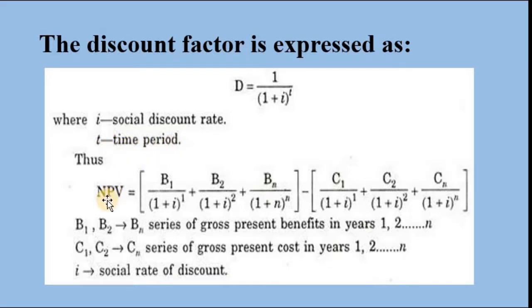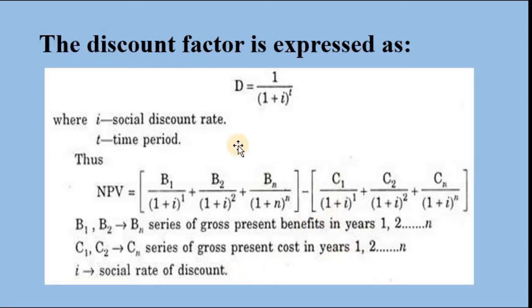Now NPV, net present value, equals B1, B2, B3 up to Bn, which indicate gross present benefits in different years, divided by 1 plus i to the power of the different time periods, minus C1, C2, C3 up to Cn, a series of gross present costs in different years.